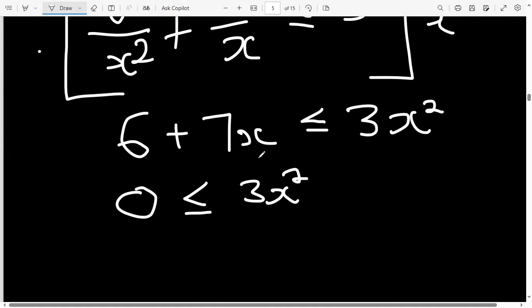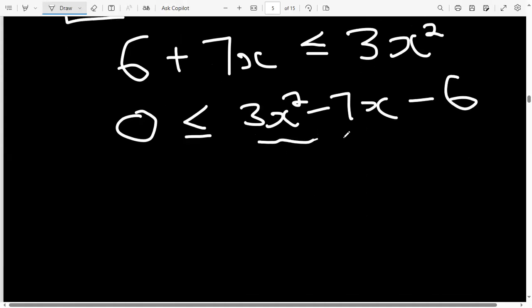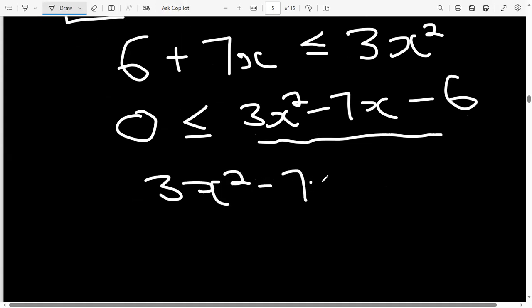So here I'm going to remain with 0 is less than or equal to 3x squared, and then minus 7x, and then minus 6. So this whole expression is greater than or equal to 0.